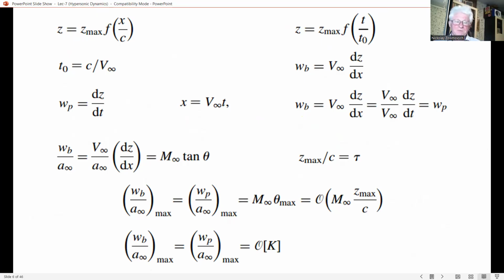And second, the hypersonic similarity parameter K here can be given some physical significance on its own, namely that it is on the same order as the maximum disturbance Mach number in the shock layer.